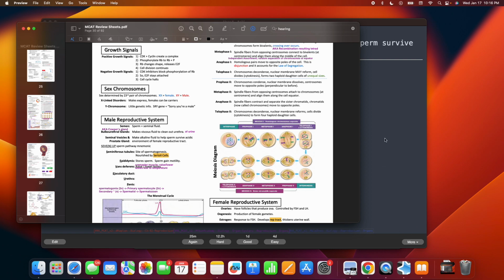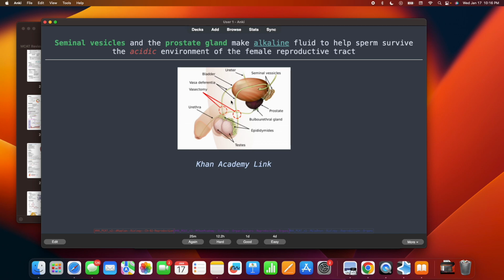It makes viscous fluid to clean out the urethra of urine, right? So we have the testes here, the urethra, the bladder, the vas deferens, the vasectomy, where you are cutting the vas deferens, and the urethra.